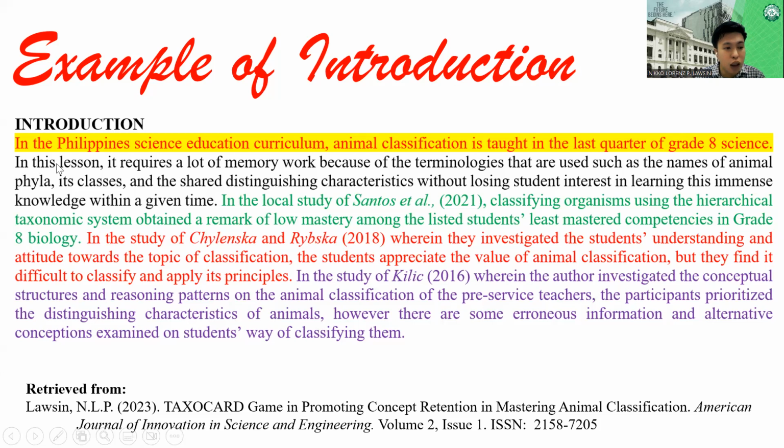The second one, the black one, is just the substantial statement for the main idea. Well, the green one, that is the first supporting detail reported by Santos et al. And the second one in the red is the second supporting detail. And the third one is in the violet font.